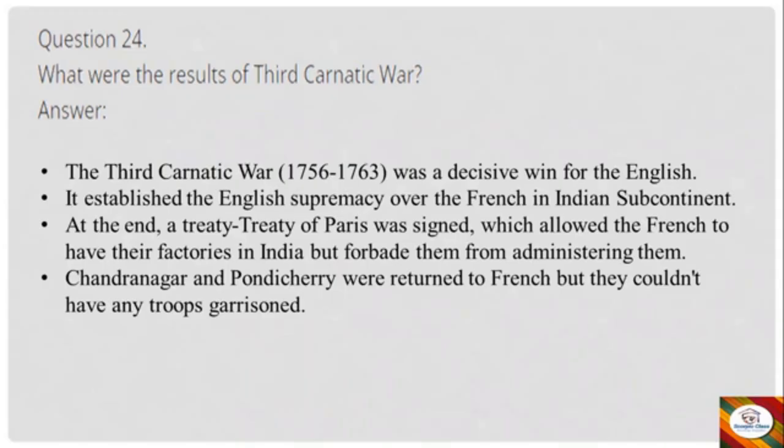At the end, a treaty, that is the Treaty of Paris, was signed, which allowed the French to have their factories in India but forbade them from administering them. Chandranagar and Pondicherry were returned to the French, but they couldn't have any troop garrison. Okay, so these were the results of the Third Carnatic War.